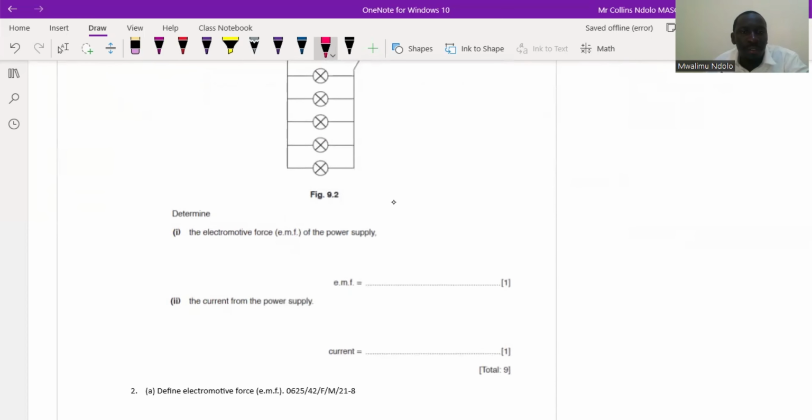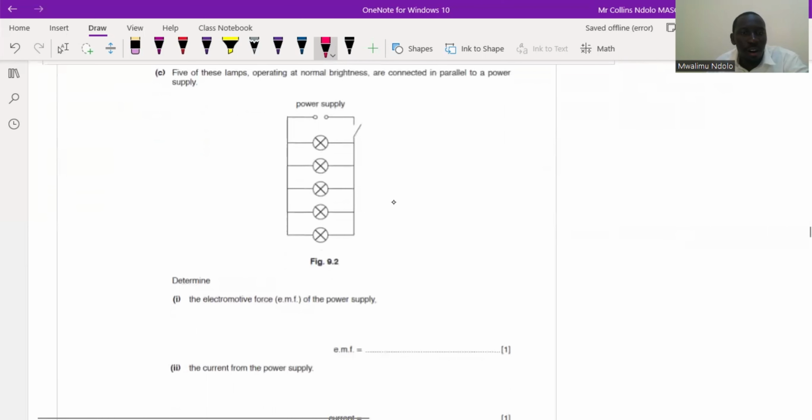Find the EMF. The EMF is the total potential difference supplied by the battery or the power supply. Because the lamps are connected in parallel, when components are arranged in parallel, so if we have here V1, V2, V3, V4, V5, the potential difference across them will be the same throughout.